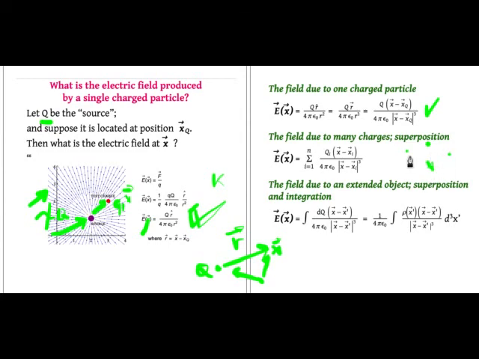I'd have the electric field from the first charge plus the electric field from the second charge plus the electric field from the third charge. I'd have to add those 3 field vectors as vectors. And I'd get some net vector, which would be the electric field of that system at that point. I could do that for any point. This could be some different point.